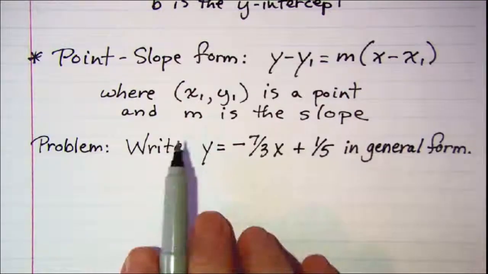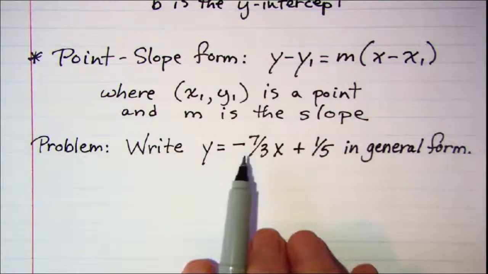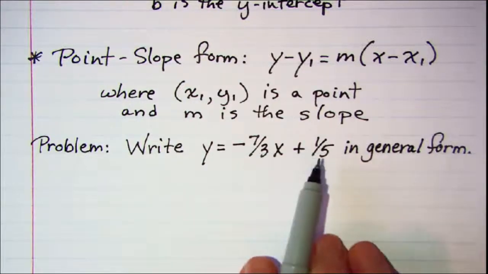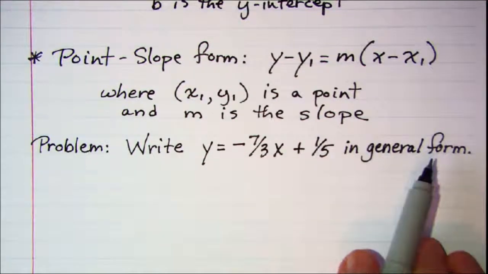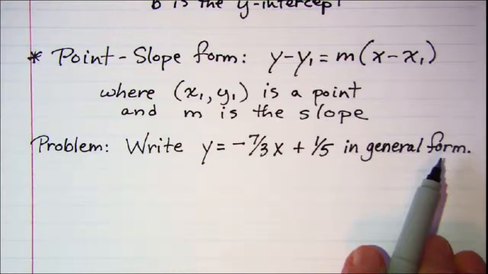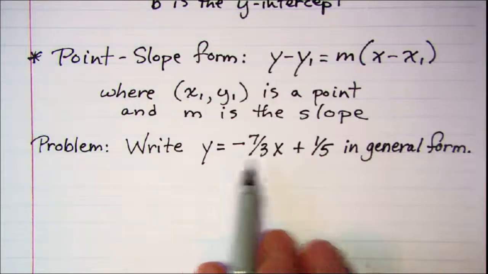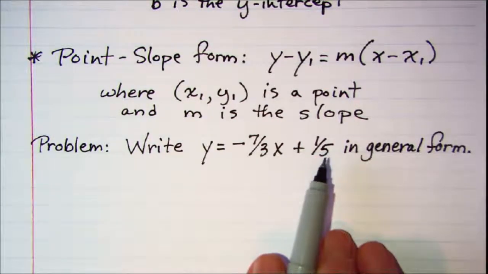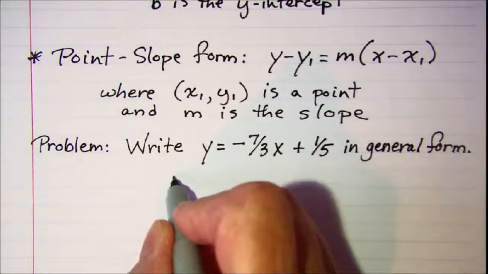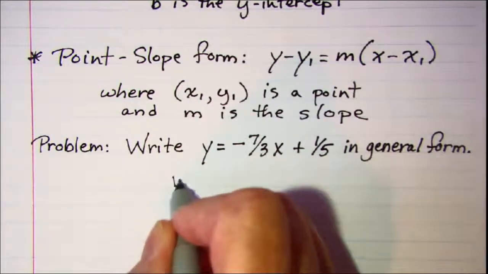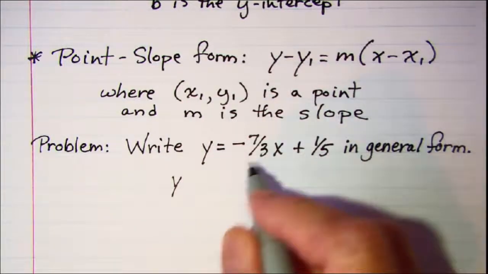Our first problem, we're asked to write y equals negative 7/3 x plus 1/5 in general form. So the first thing I would do on this is to multiply both sides of this equation by the least common denominator. And that would remove those denominators on the fraction.